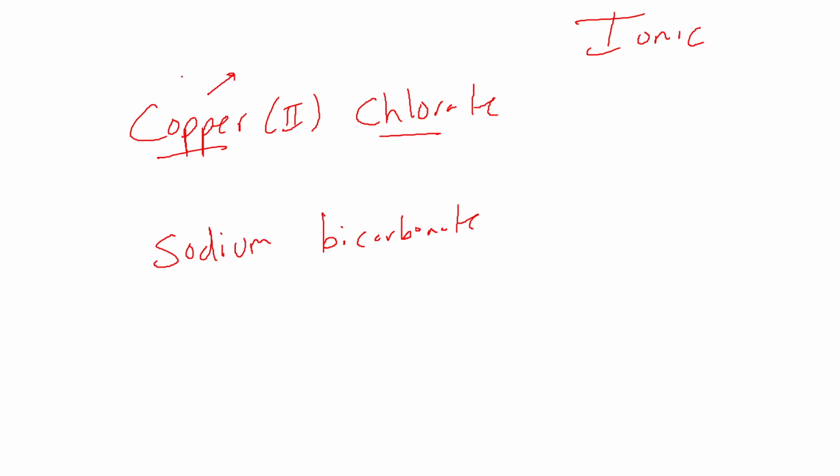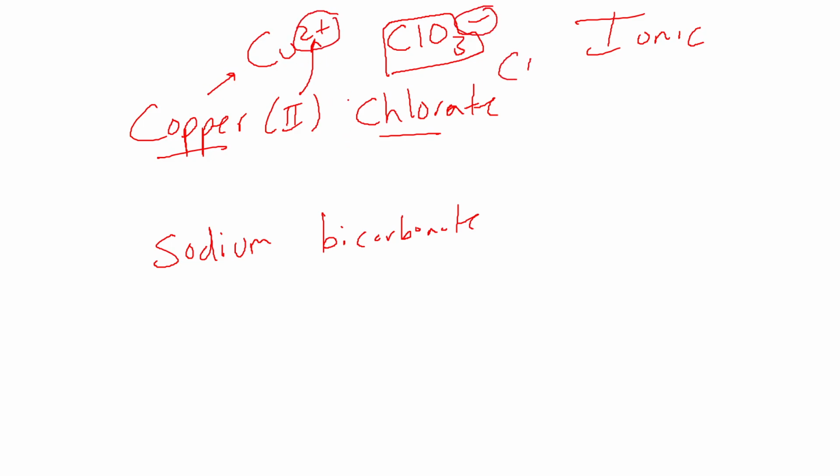Copper with a Roman numeral 2 means my copper is carrying a +2 charge. Chlorate here is our ClO3 minus. So once again here, we are putting together +2 and -1. We want it to equal 0. We actually will need one more of these chlorates.